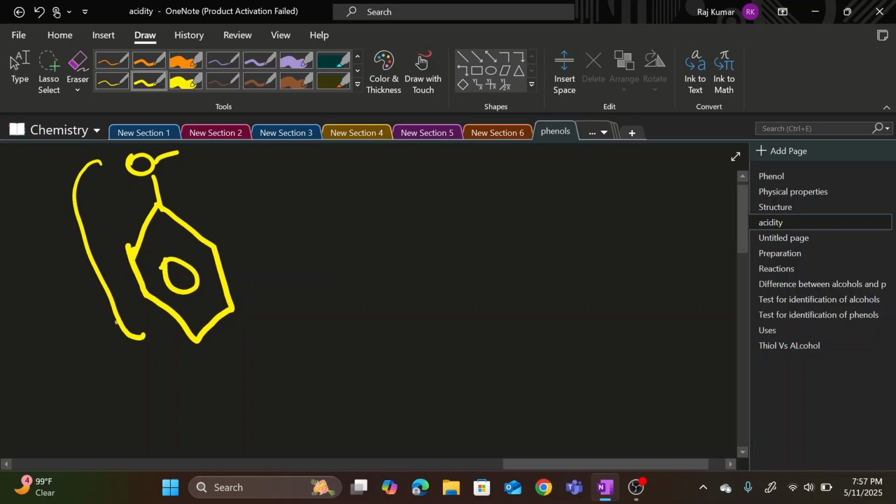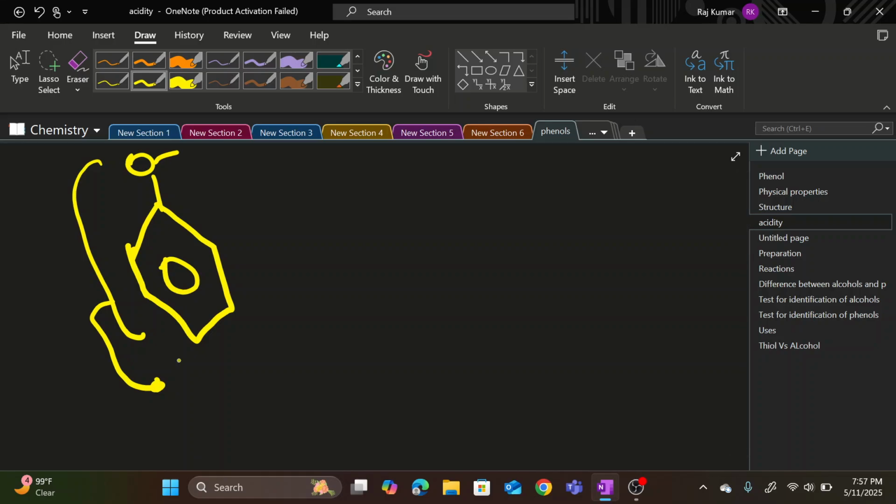This phenoxide ion here has resonance in it, and because of the resonance happening in this phenoxide ion, I cannot say that it needs an electron. It does not need any electron. It does not need a chemical bonding.